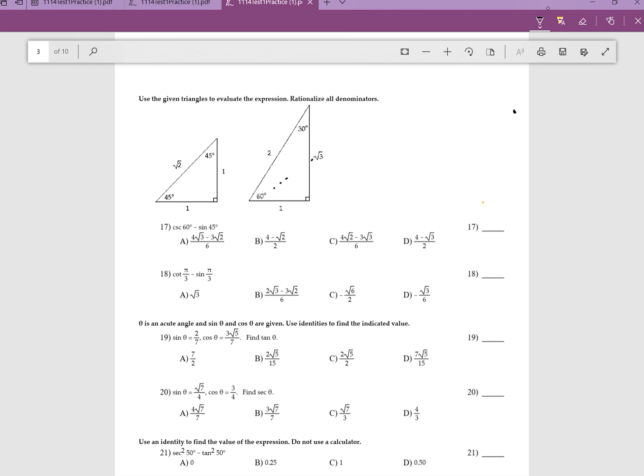Alright, so we have the cotangent of pi over 3. So first of all, pi over 3 is basically 60 degrees. So we have the cotan of 60 degrees, which is, instead of tan, which is opposite over adjacent, this is adjacent over opposite. So I basically have 1 over square root of 3. Minus sine pi over 3. Sine pi over 3 is basically sine 60. Again, sine 60 would be opposite over hypotenuse. So that's straightforward. So this is basically minus square root of 3 over 2.